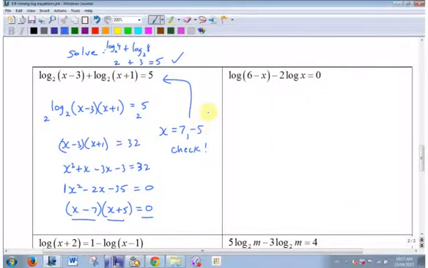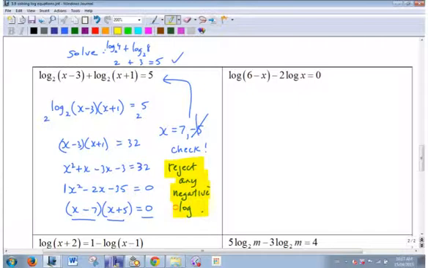Okay? So, remember this. You have to reject any answer where the log argument is negative. Okay? Can't do a negative logarithm.